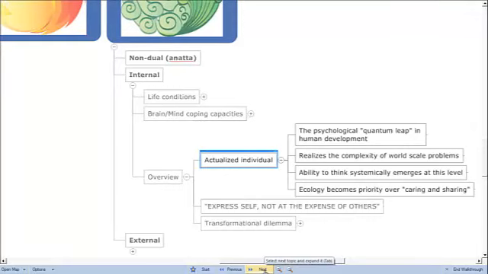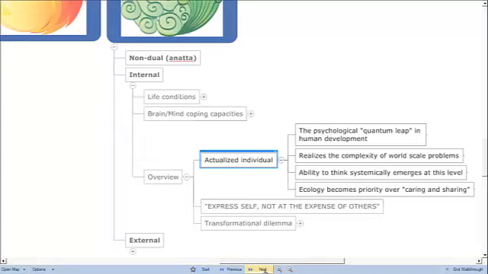This is the psychological quantum leap in human development. And this type of person at Air Internal realizes the complexity of world-scale problems and has an ability to think systemically at this level. The ability for systemic thinking really develops here. And ecology becomes priority over caring and sharing.